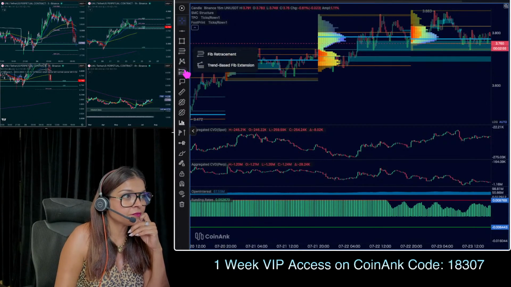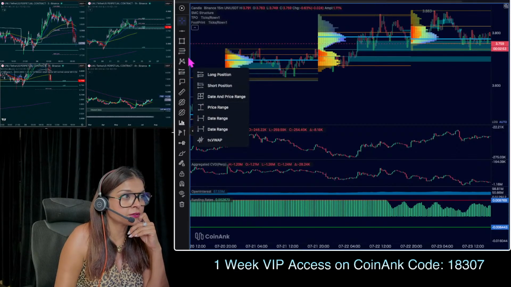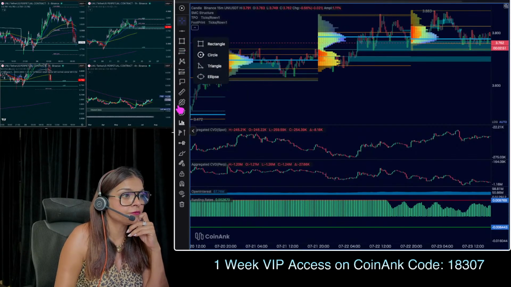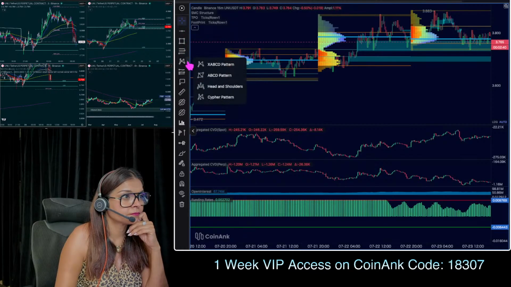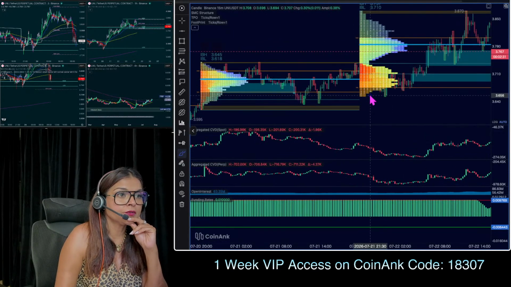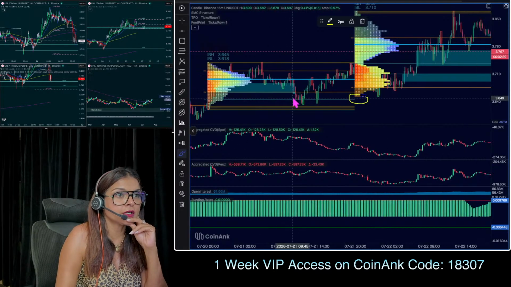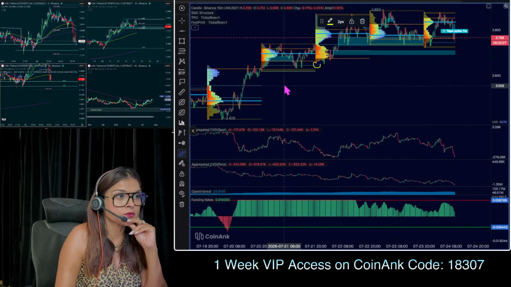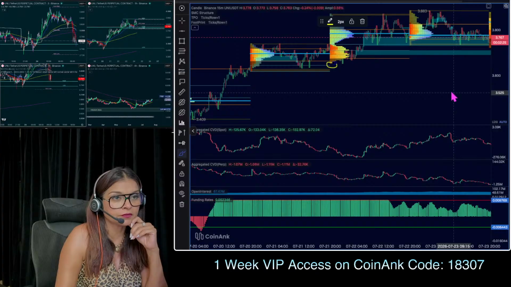I don't think a lot of people talk about how to spot these unfinished auctions, especially on the TPO profile. What am I looking for here? Oh gosh, here it is. Yeah, so here you can see one unfinished auction there. So maybe price would go there, take that out, and then reverse.